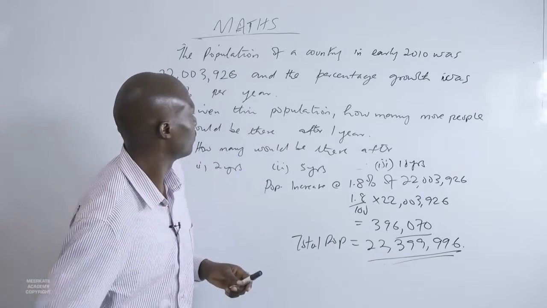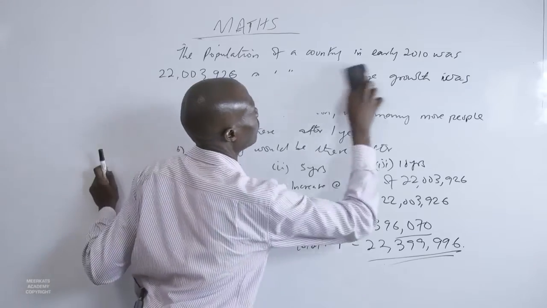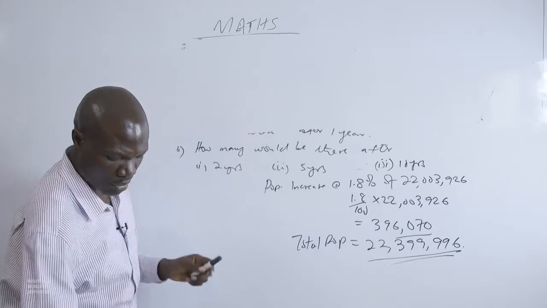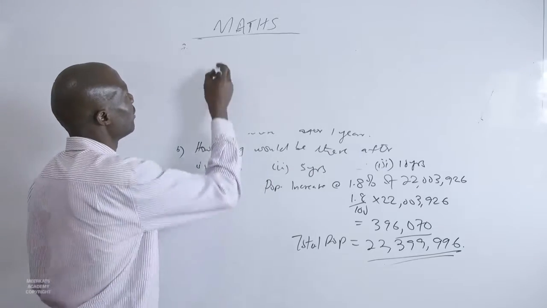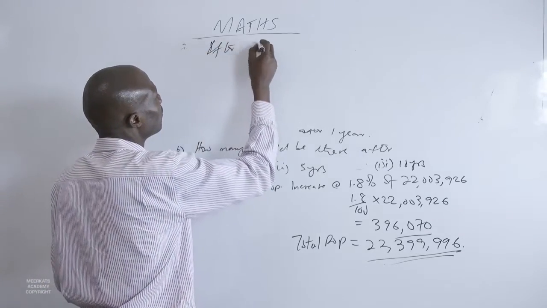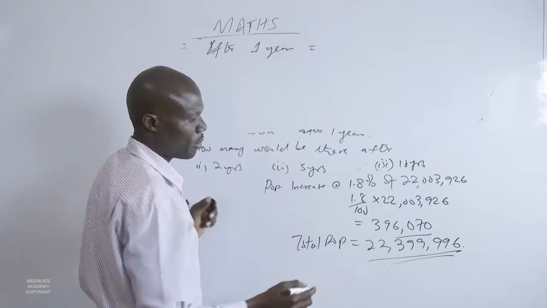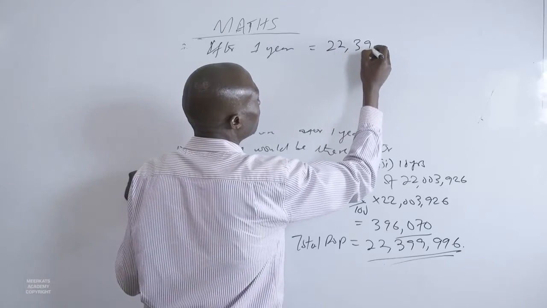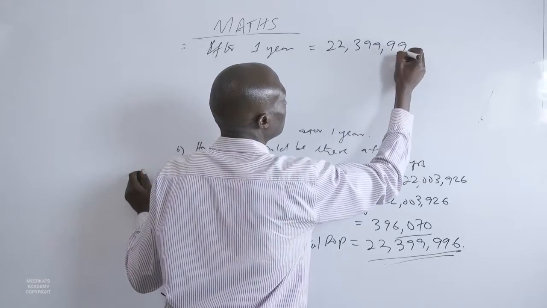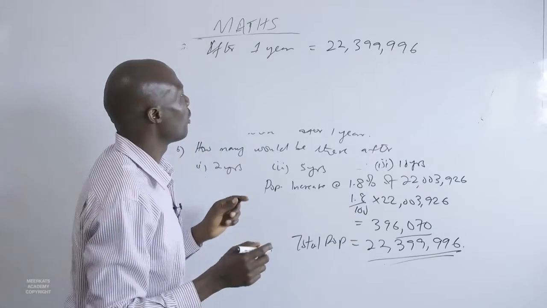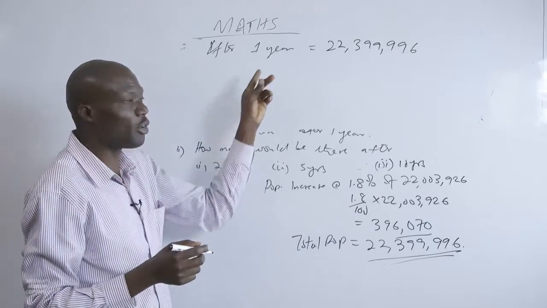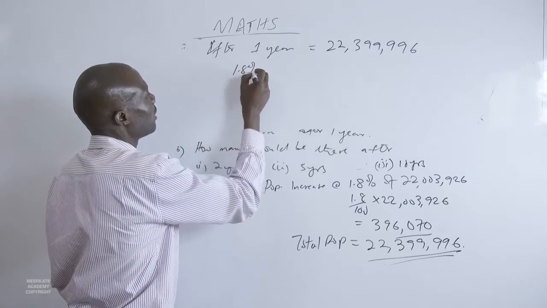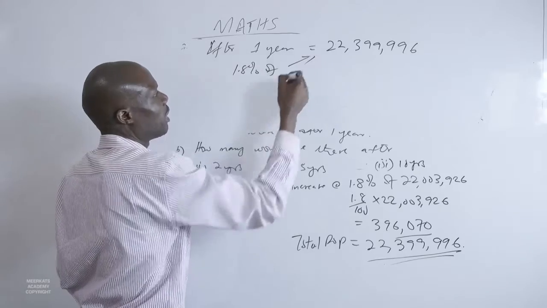We have seen that after 1 year, the population here is the new figure. So when we talk of 2 years, it means the following year, we again increase the population by 1.8% of the figure there.